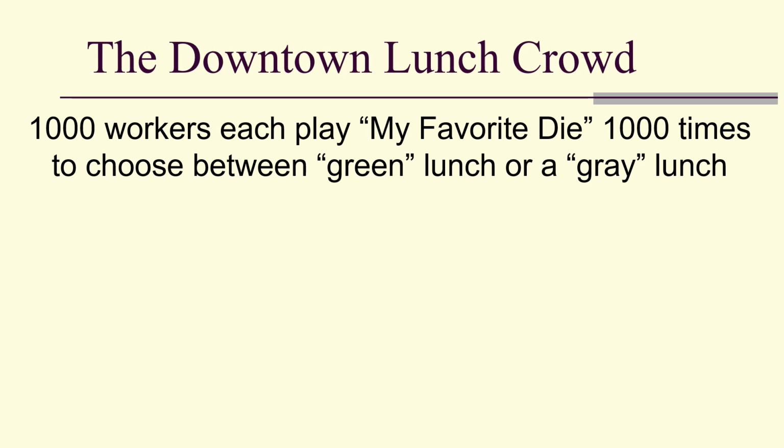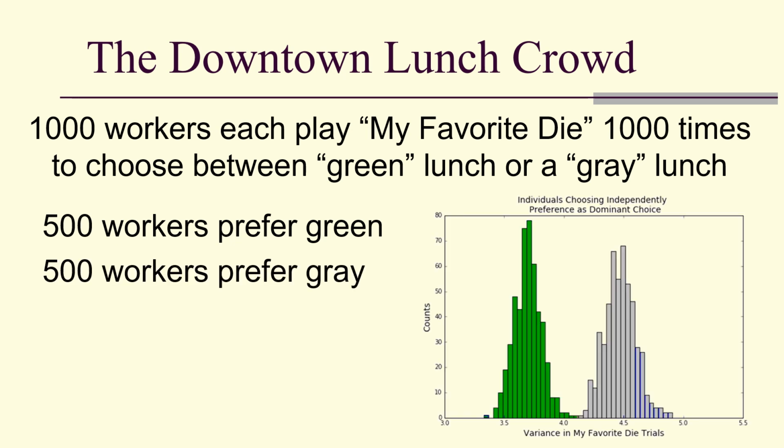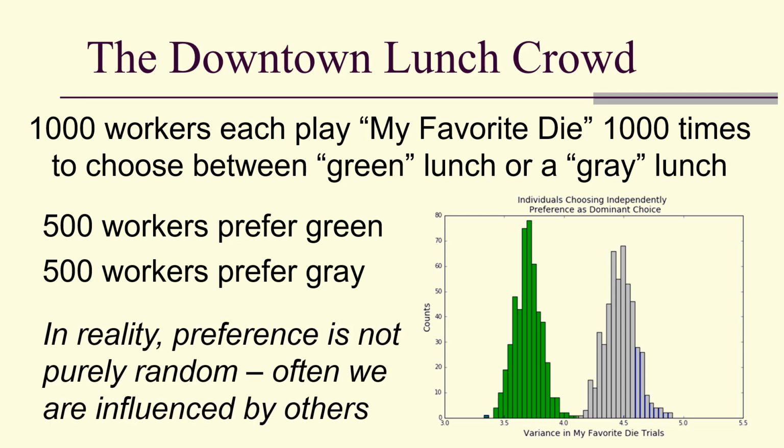So let's look at the downtown lunch crowd. 1,000 workers each play My Favorite Die 1,000 times to choose between a green healthy lunch or a gray junk food lunch. 500 workers prefer green, 500 workers prefer gray. And the variance is what separates them into two different classes.